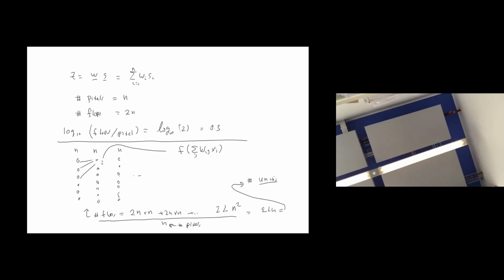Okay, so the complexity of a deep network is basically log. So the complexity C for a deep network equals log of 2 times the number of units. And they're easily 10,000 in here. It can be even larger.